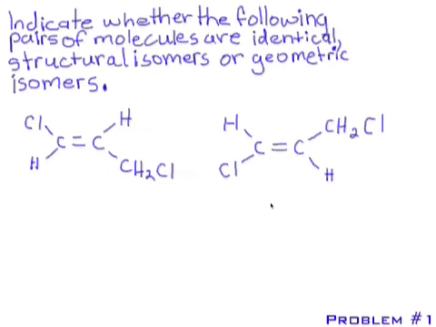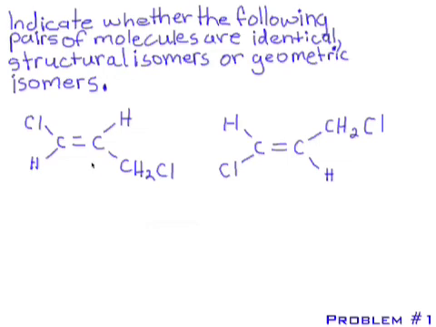Okay, let's compare these two molecules. We can begin by examining to see if they qualify as structural isomers. If they're structural isomers, they should be different. That is, the double bond should be located in different positions. So we can analyze the name. Structural isomers would have different IUPAC names. They would be different structurally.